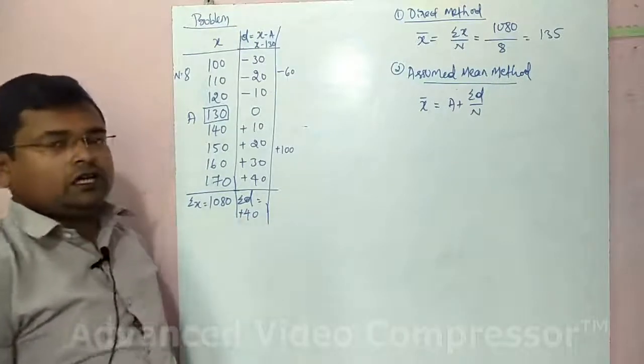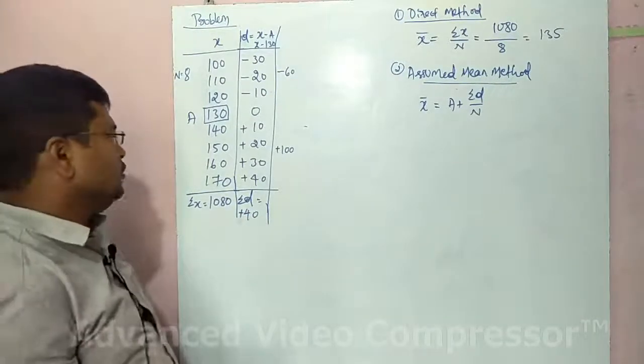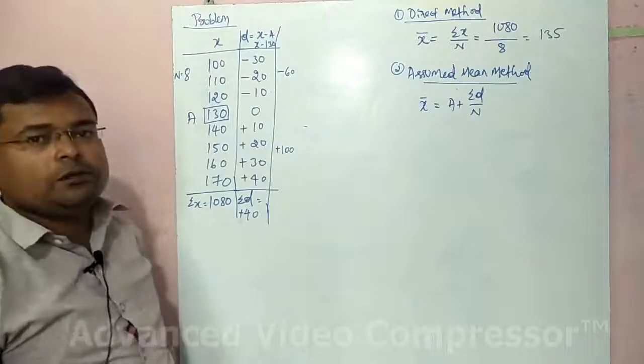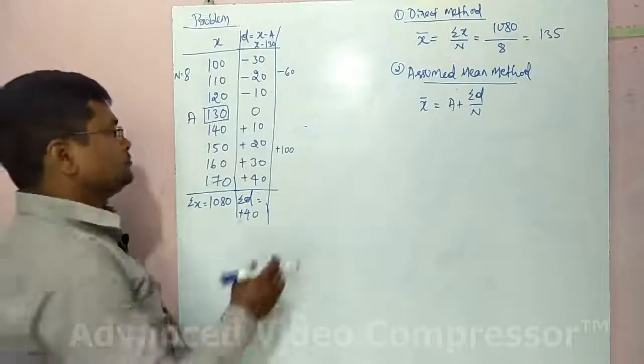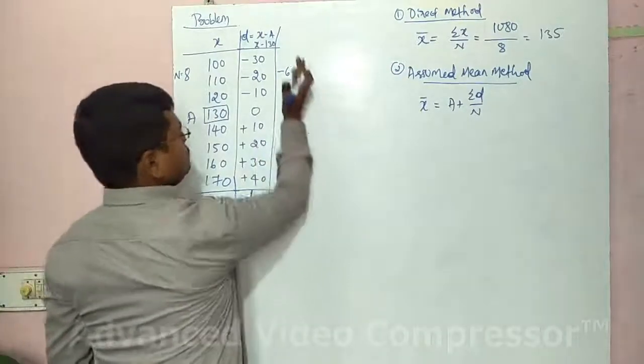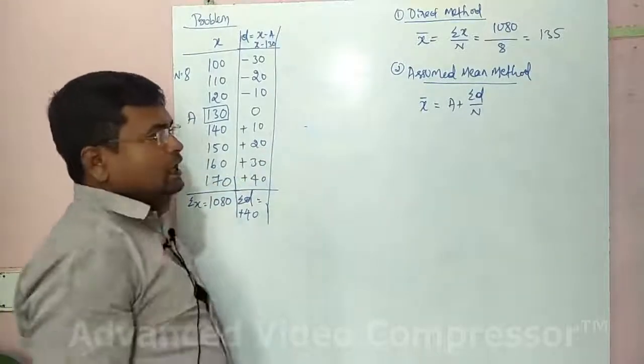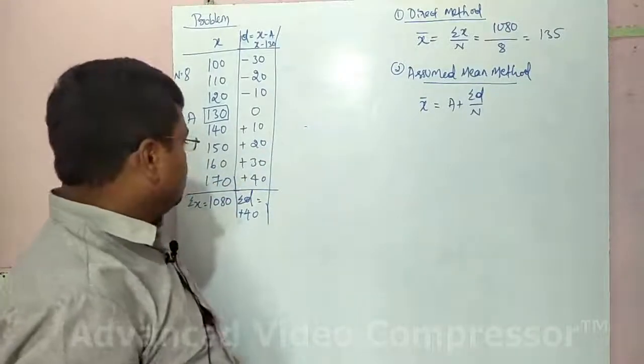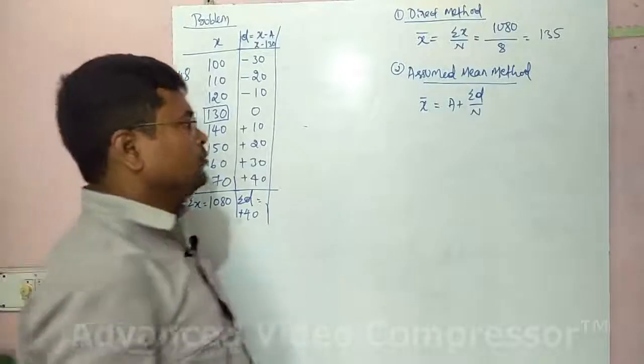So plus 40 is what we get as the summation of D. Now apply these values into the formula.